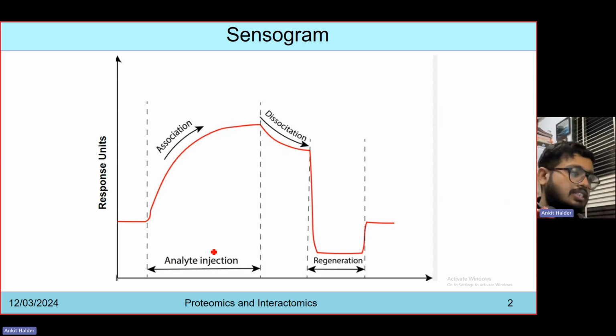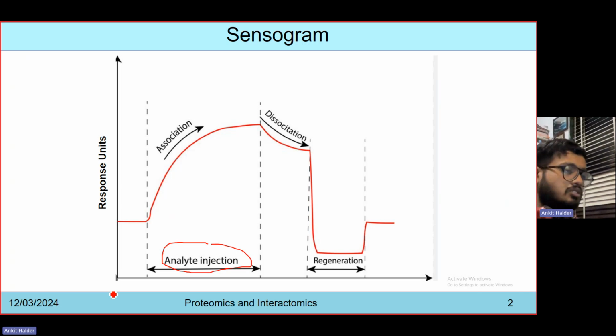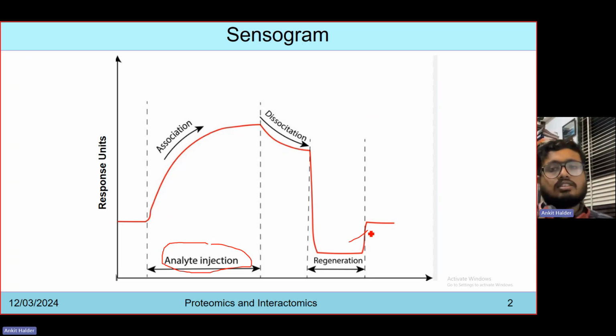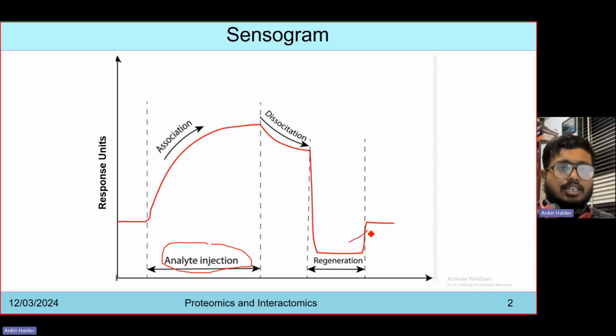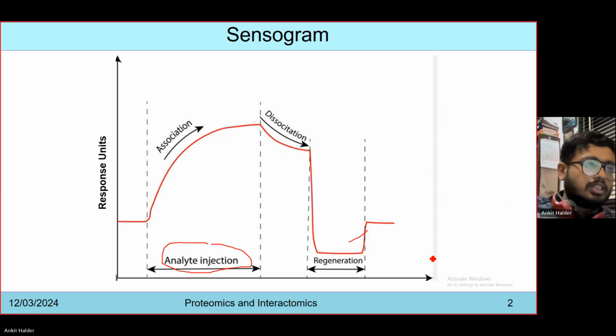One major thing is to have a very robust injection, which shows how the association will depend on it and what kinetics and binding we are looking into. So there is analyte injection, then immobilization, and the regeneration step, which is reusing the chip and making the surface available for the next set of analytes. These are some of the important steps that we need to keep in mind.